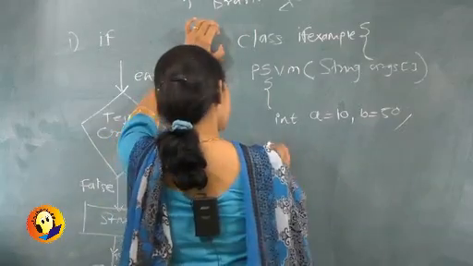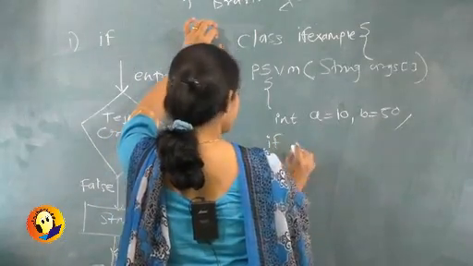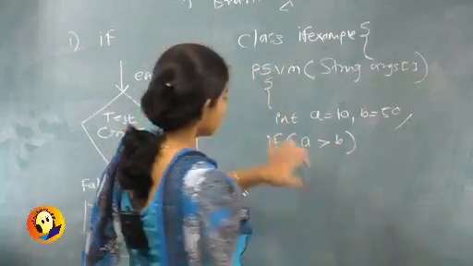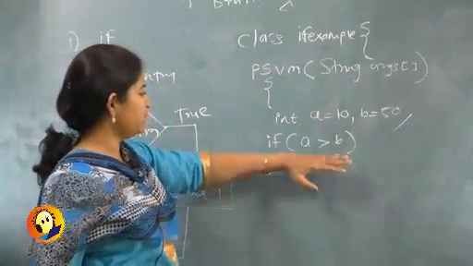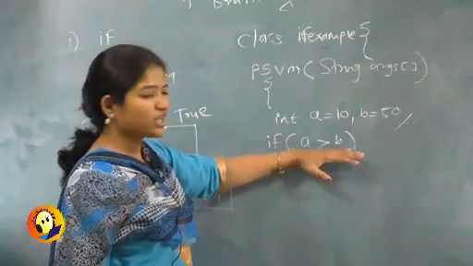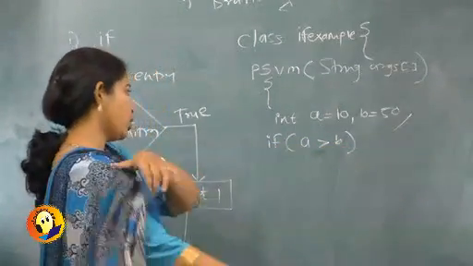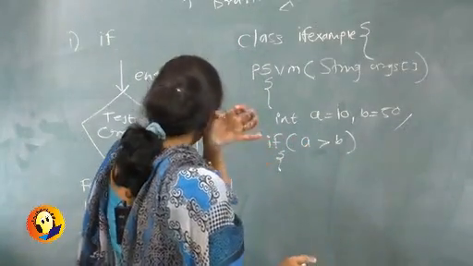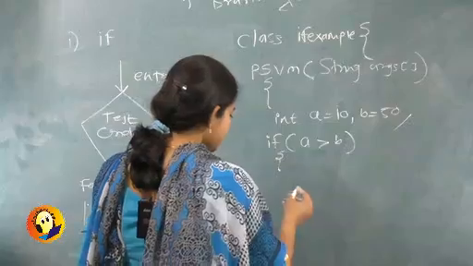After that, make use of the if decision making statement. If a is greater than b, this particular thing is called an expression, or the condition provided for the if block. After that, if a is greater than b, then what you need to specify?